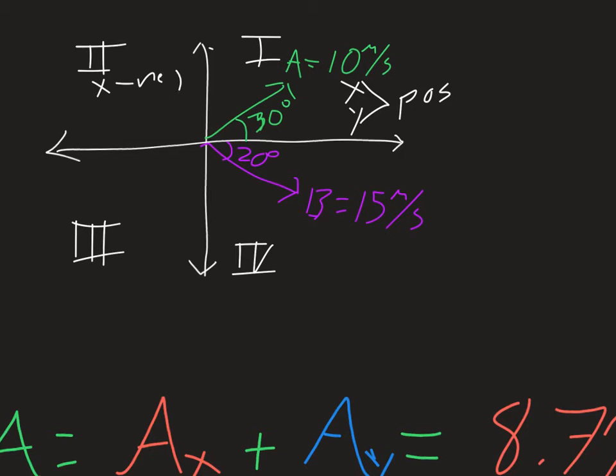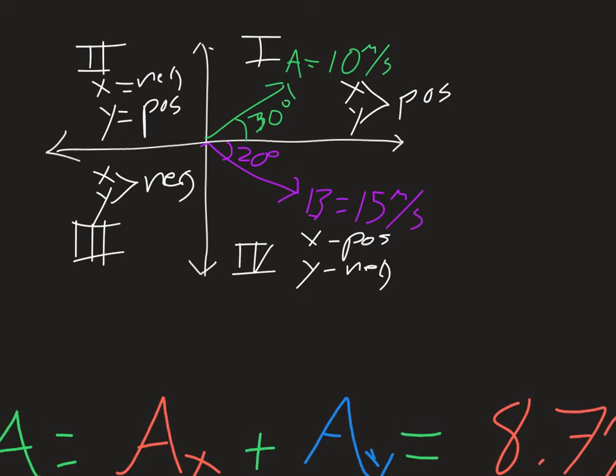X is negative and Y is positive in quadrant 2. X and Y are both negative in quadrant 3. And in quadrant 4, X is positive, but Y is negative. And that's exactly what we found out. The components for A were both positive, X and Y. For B, that we can see is in quadrant 4, X was positive, Y was negative.